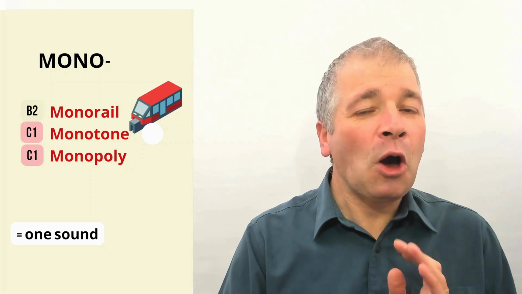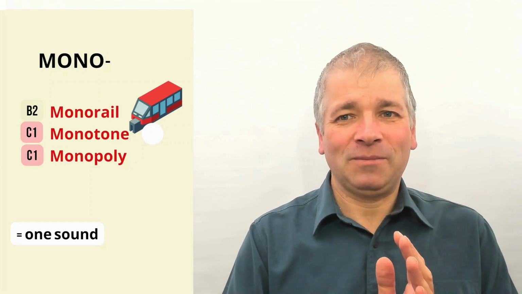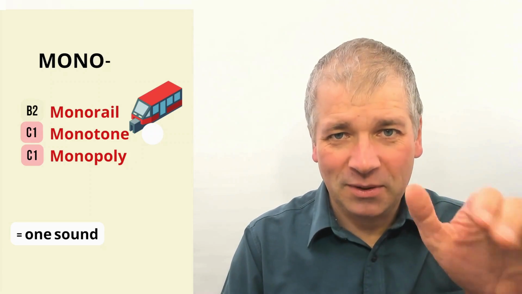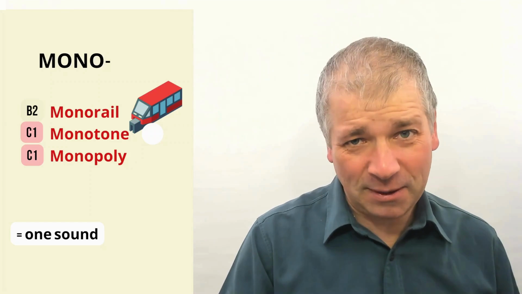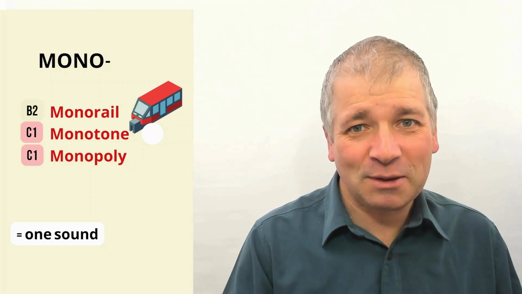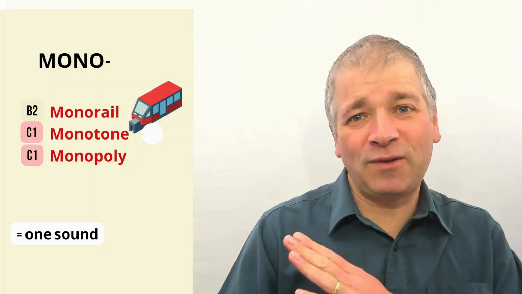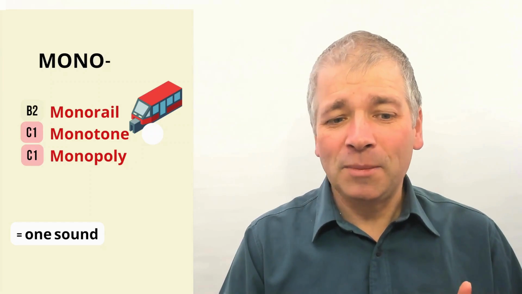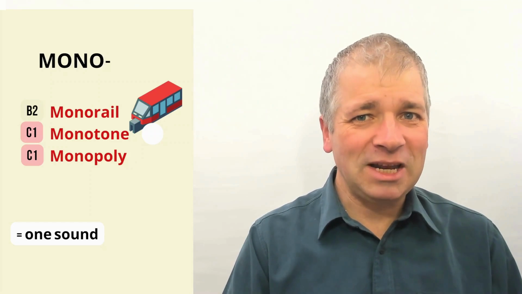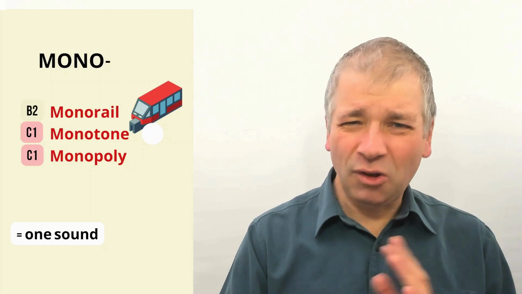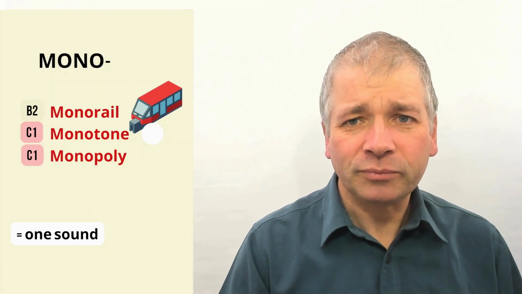Monotone means there's only one sound. It stays the same. We often use this to describe something that's quite boring. So there's a sound that doesn't have much variation. Normally in music we like a lot of variation in tone, but if it's monotone then it's really just one, and it's not really as we expect it to be.